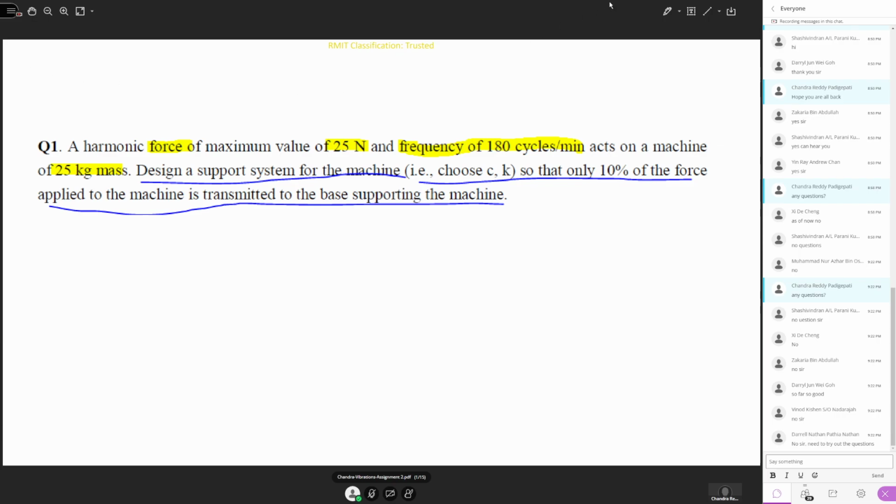Design means you need to find out the value of the damping constant and the stiffness constant, so that only 10% of the force applied to the machine is transmitted to the base supporting the machine. So that means, guys, you need to respond. What is the transmissibility given here?